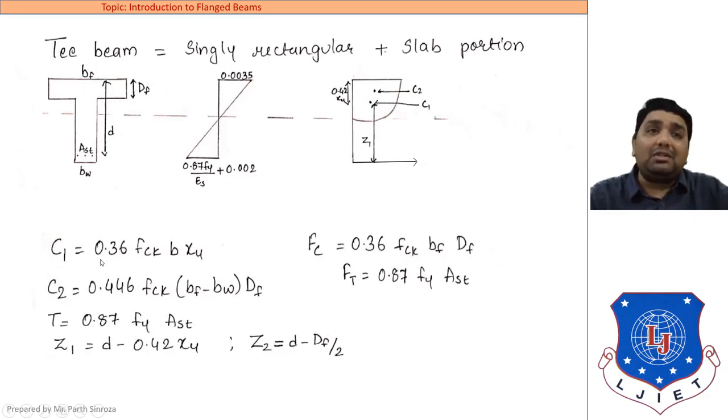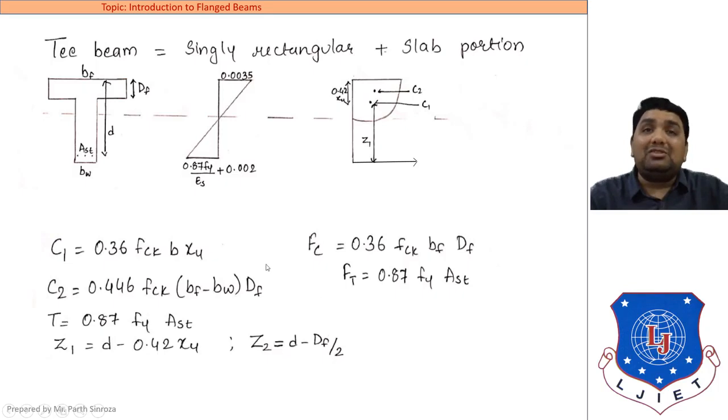The value of C1 was 0.36 fck b xu and the value of C2 was 0.446 fck (bf minus bw) into Df. Now 0.446 fck is the stress component and (bf minus bw) into Df is the area. So multiplying stress into area, we always get the force. T, being our tension force, was obtained as 0.87 fy Ast. Z1 and Z2 were the lever arms.